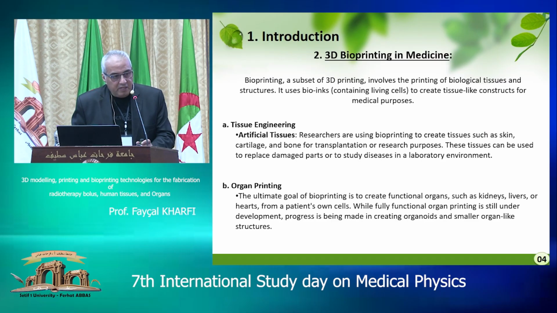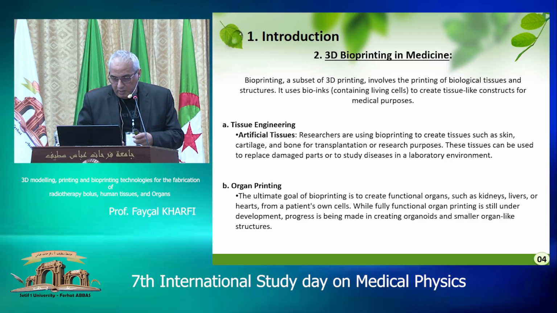It uses a bioink. A bioink is just a combination of cells with some hydrogel in order to print different things that we need to print. Here we use a bioink to create tissue-like constructs for medical purposes.